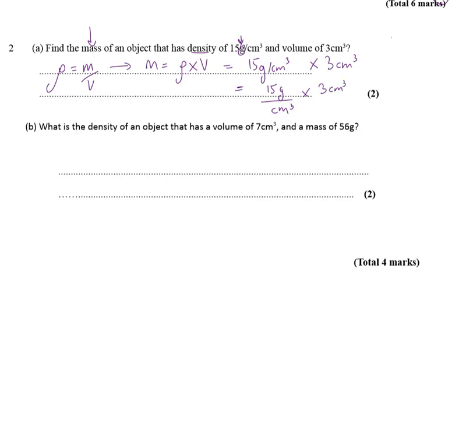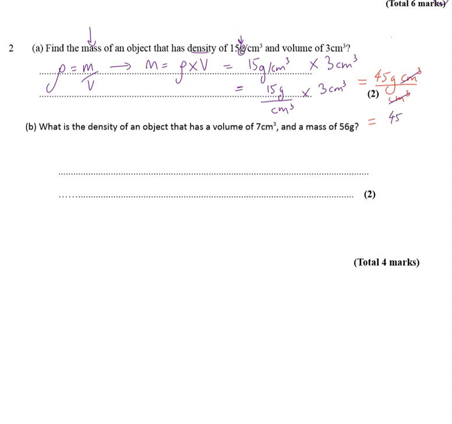Now we notice that when we multiply them, this becomes 45 grams centimeter cube divided by centimeter cube, and then you notice that the centimeter cube and centimeter cube cancel out.